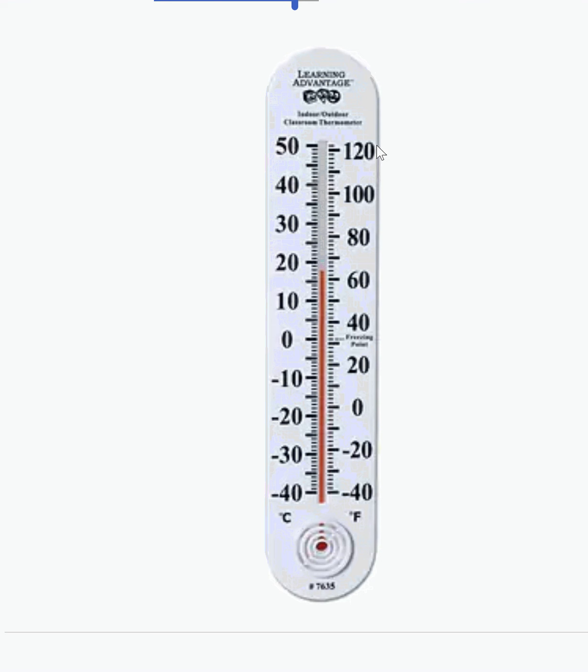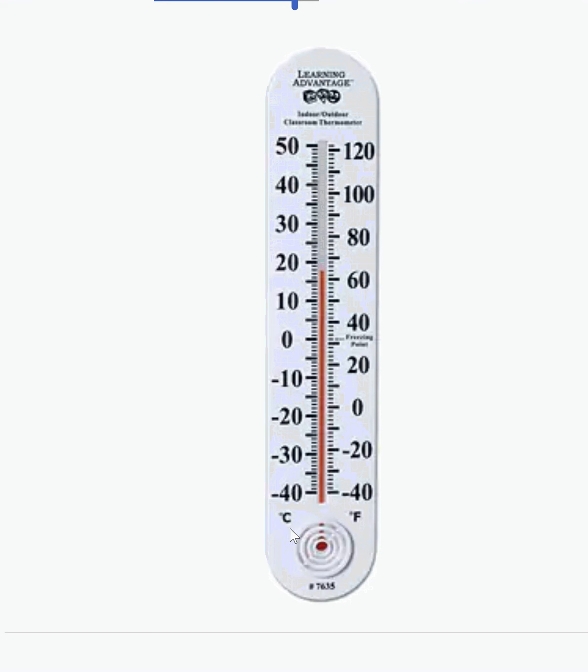So the temperature will not go to that high, and the temperature will not go to this low, like -40 Fahrenheit. Here, the right-hand side is the Fahrenheit unit. The left-hand side is Celsius. In America, we use Fahrenheit. In Canada and other countries, we use Celsius.